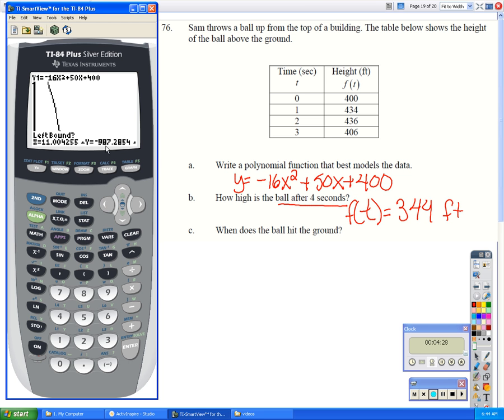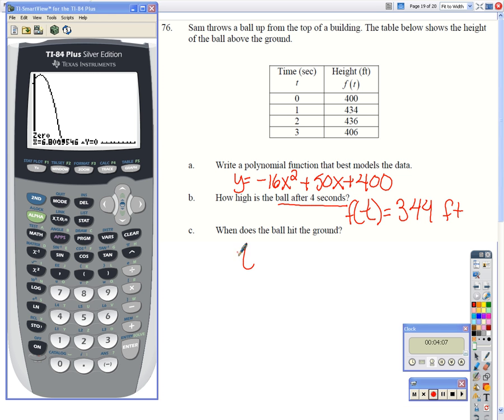I'm going to wait to see when that y is positive. There we go. I'm going to go to the right of it when the y is negative. Go back towards it and guess. So that happens at 6.8 seconds.